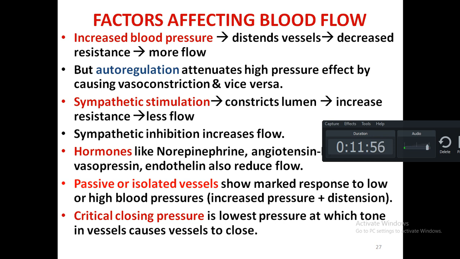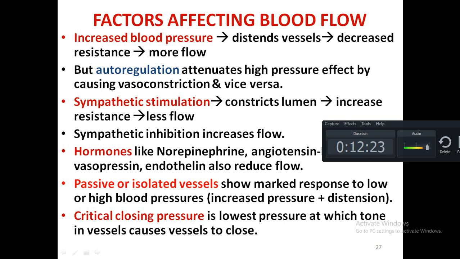Something similar happens in the reverse condition. Whenever there is low blood pressure, this will decrease the blood flow to the peripheral tissues, and then the peripheral tissues will release vasodilator substances that will cause vasodilation and improve the blood flow to keep it almost at the normal value.